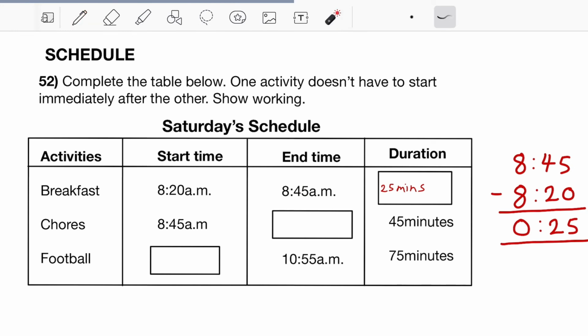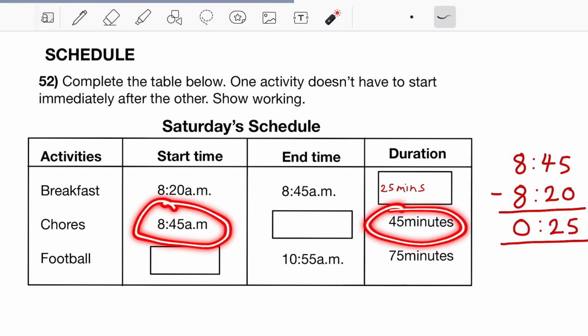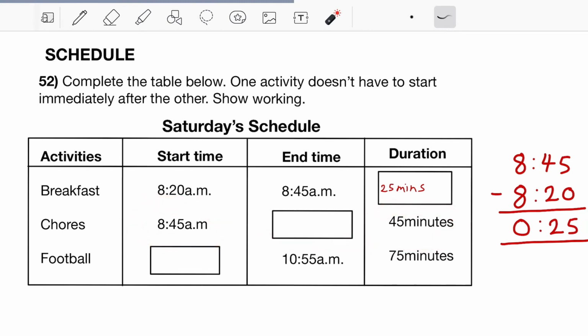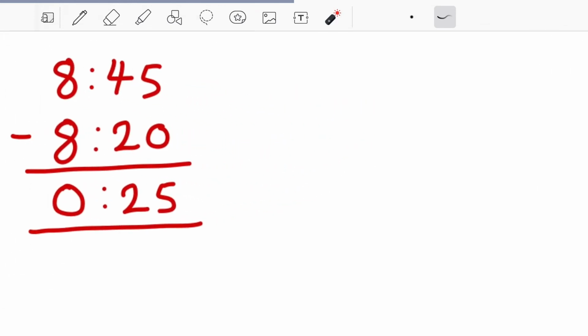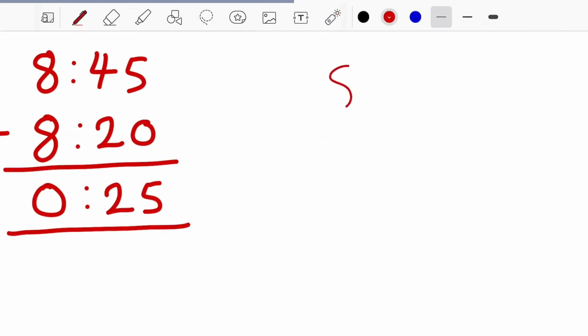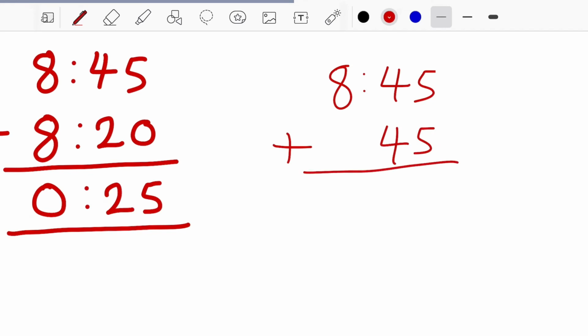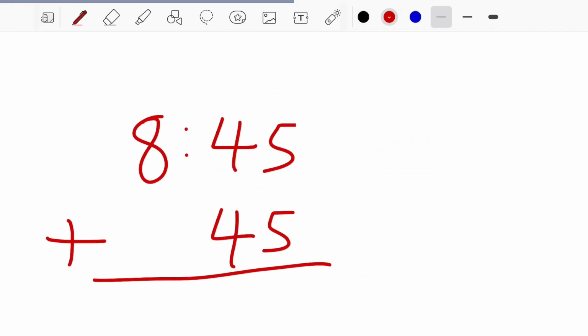Now on to chores. Chores starts at 8:45 a.m. It took 45 minutes. We need to find the end time. So the start time plus the duration will give us the end time. So 8:45 plus 45. So we need to add 45 plus 45. That will give us 90. So 90, we want to convert 90 minutes to hours and minutes.